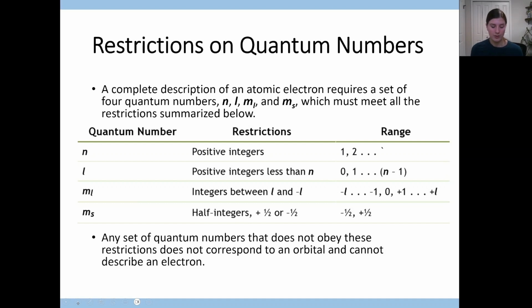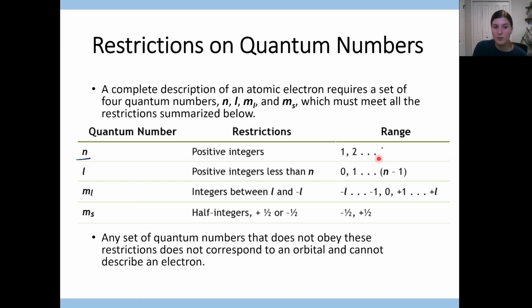So for one, our principal quantum number n must be a positive integer. So it cannot be 0, it can be 1, 2, 3, 4, 5, 6, etc. It can't be 1.5, can't be -1, only positive integers.